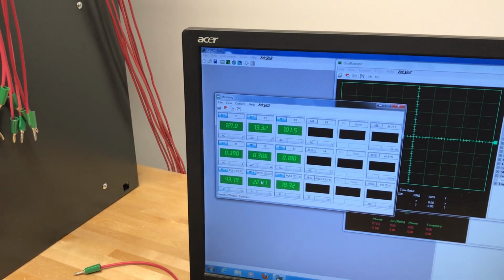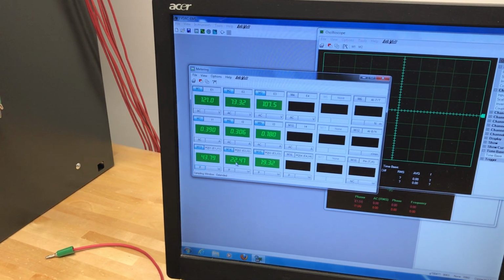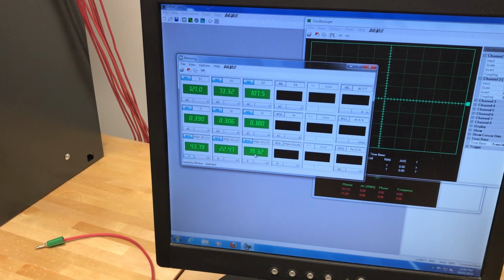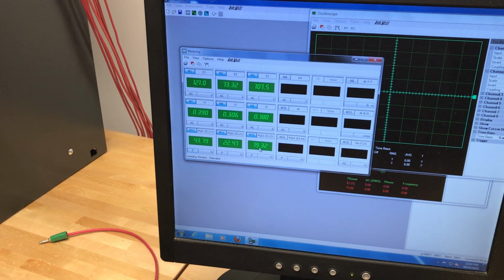And here, P in the resistance in the RL branch. And this is P in the resistance in the RC branch.